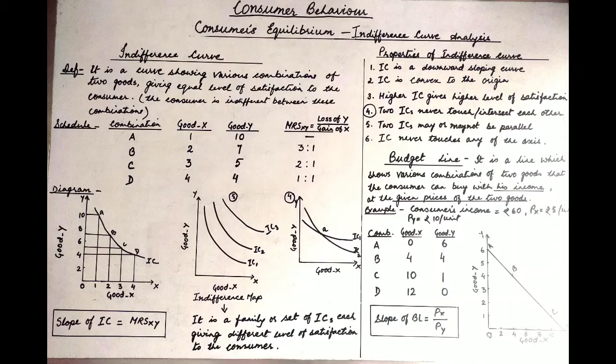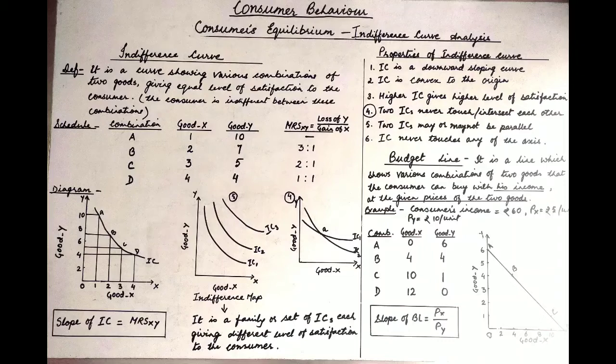This is a budget schedule which is showing different combinations of good X and Y which the consumer can buy with his income of rupees 60 and at the price of rupees 5 for X and rupees 10 for Y. In combination A, he is spending his entire income of rupees 60 on buying good Y and is buying its 6 units.